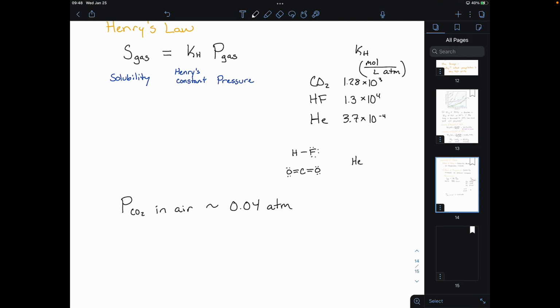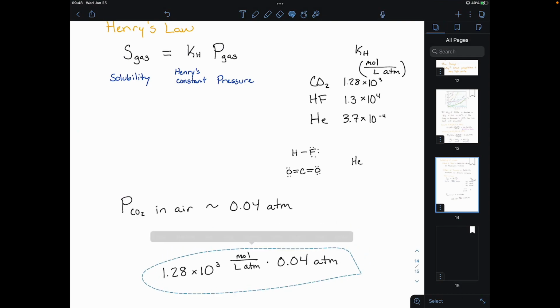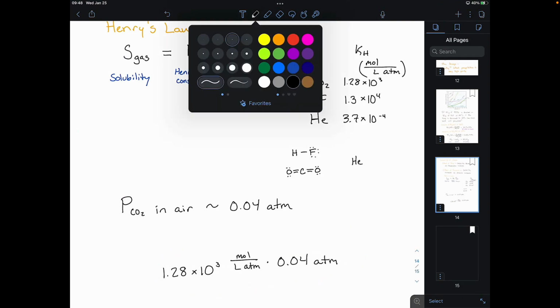So again, I'm going to take that 1.28 times 10 to the 3. And again, this is moles per liter atm. I'm going to multiply that by the 0.04 atm. Again, this was our Henry's constant.